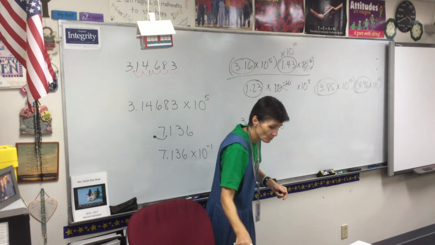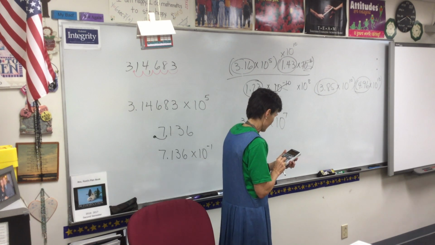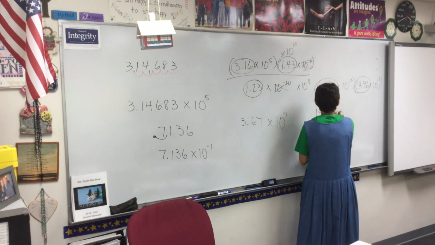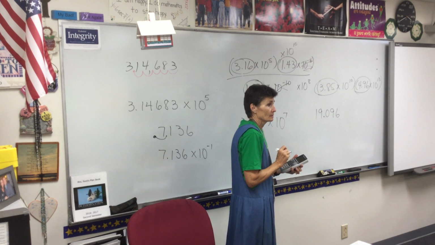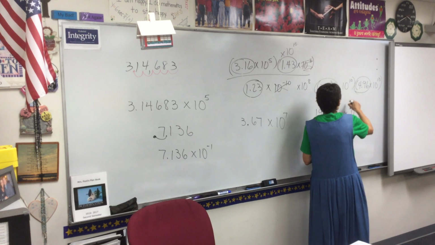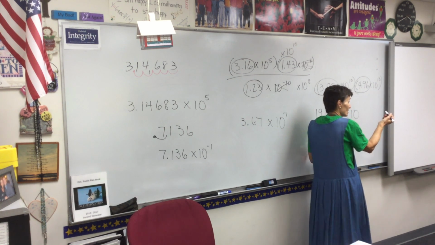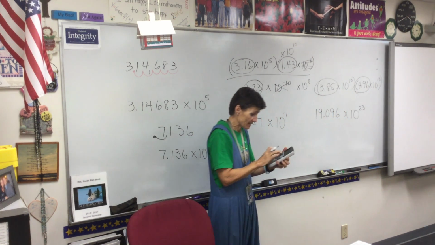What do you get when you multiply these? 19.096. Okay, times 10 to the, well, I got 10 of them here and 13 of them there. 23. Now that seems so easy.